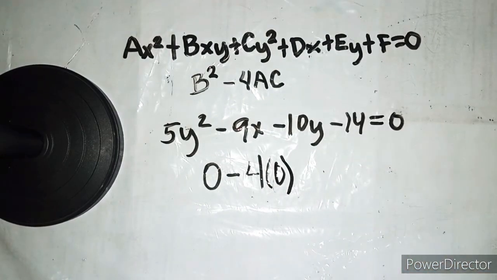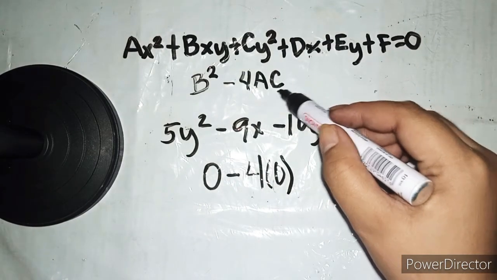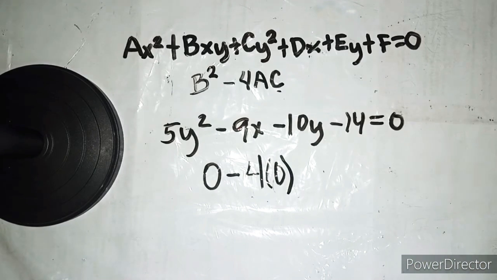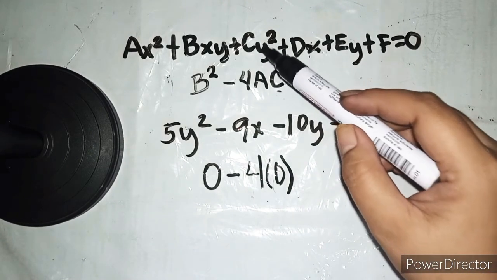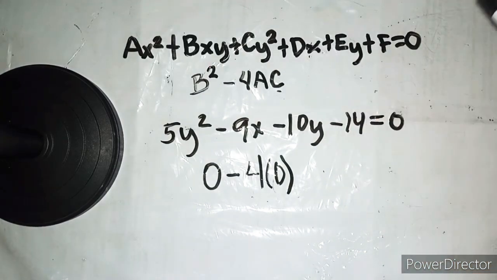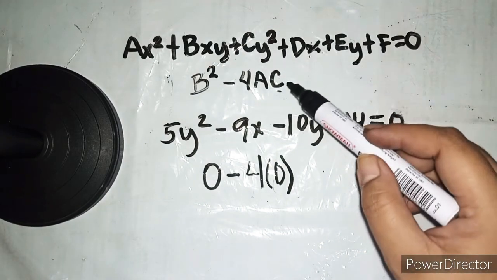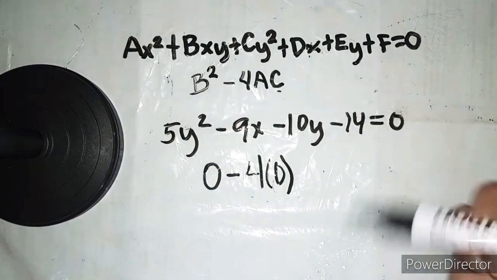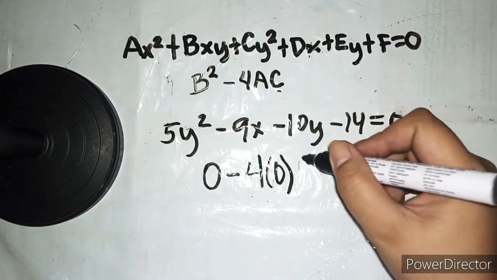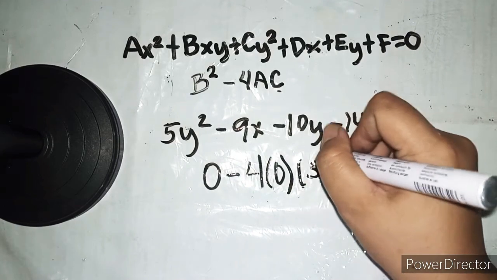Next, let's find the value of c. In our standard equation, we have cy squared. So the value of c in this equation is 5. So let's put it here.